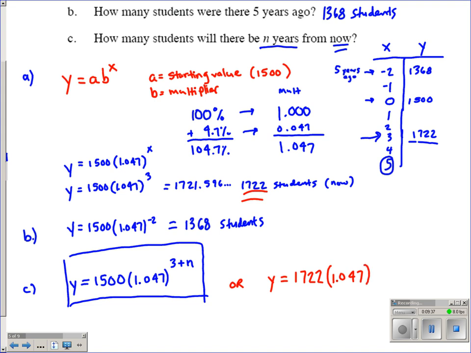So our multiplier is 1.047. And we could raise that to the nth power. And that would just be n equals number of years from now. So either one of these equations would work.